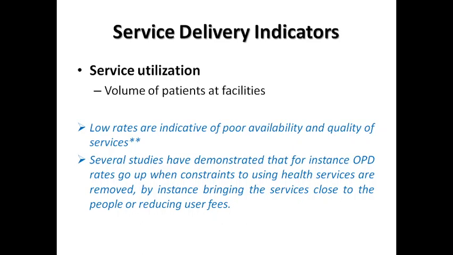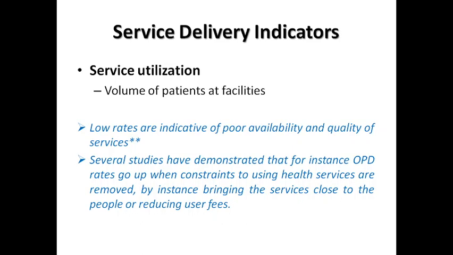But actually, studies have shown otherwise: low rates of service utilization are indicative of poor availability and quality of services. People do not want to access services because they do not feel that they are served well. They do not feel that there's good quality of care in that health facility.